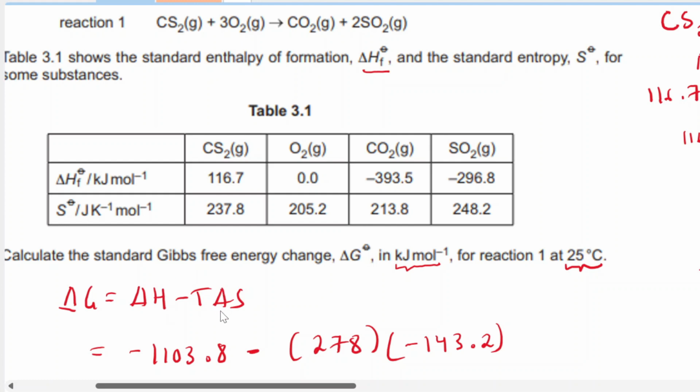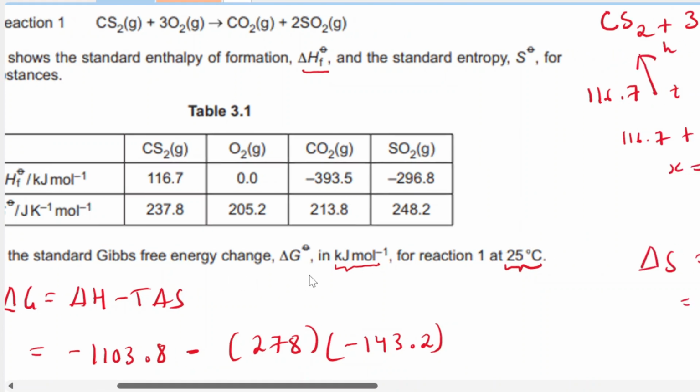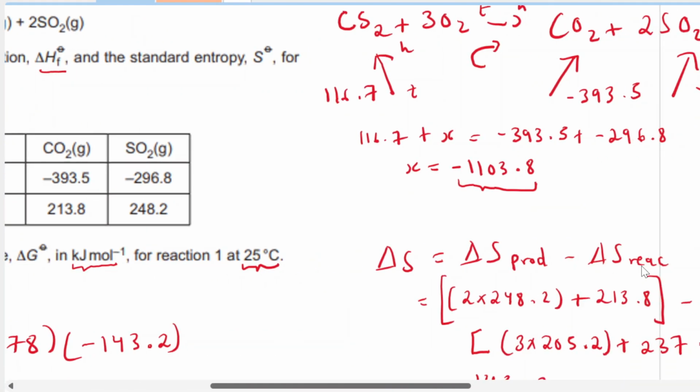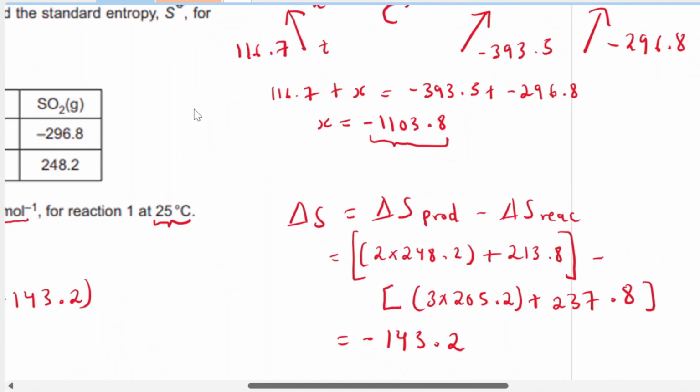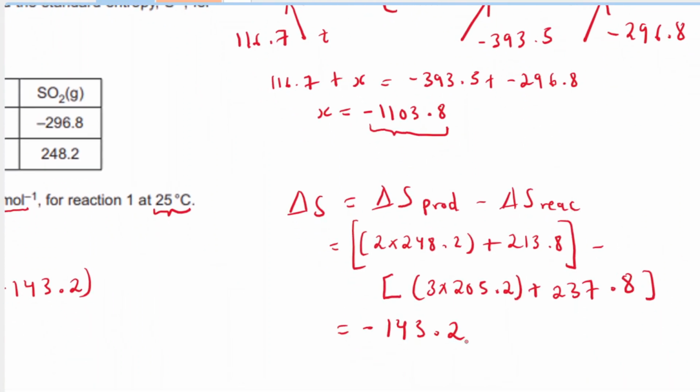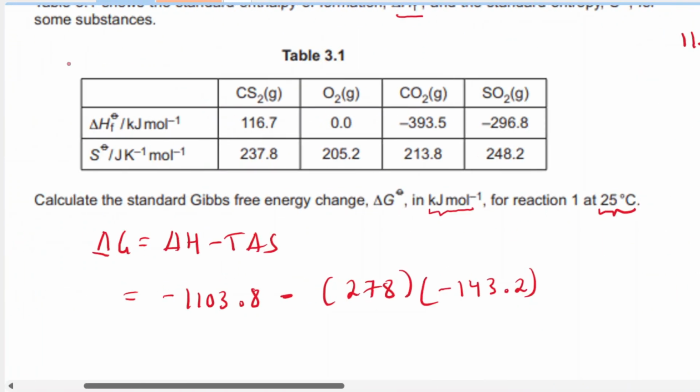Our second step is to find the entropy change, and the entropy change of the system is equal to the products minus the reactants. And again, we just fill in the data. We have the entropy of each of these molecules. So when you do the calculations, you get negative 143.2. Just remember to multiply these with the number of moles. So this is per mole, this is for 1 mole.